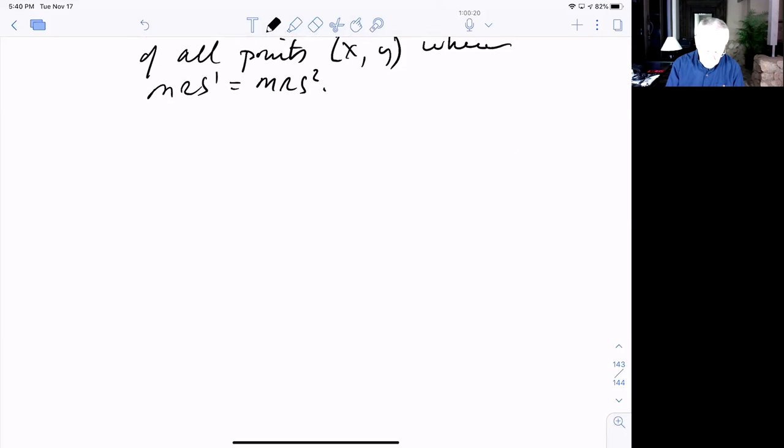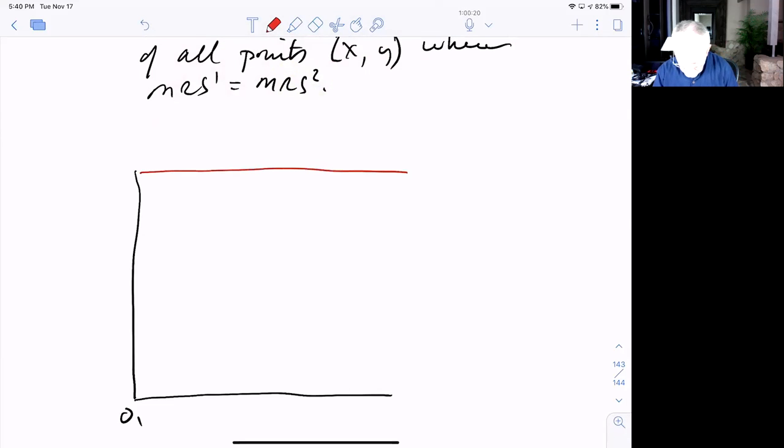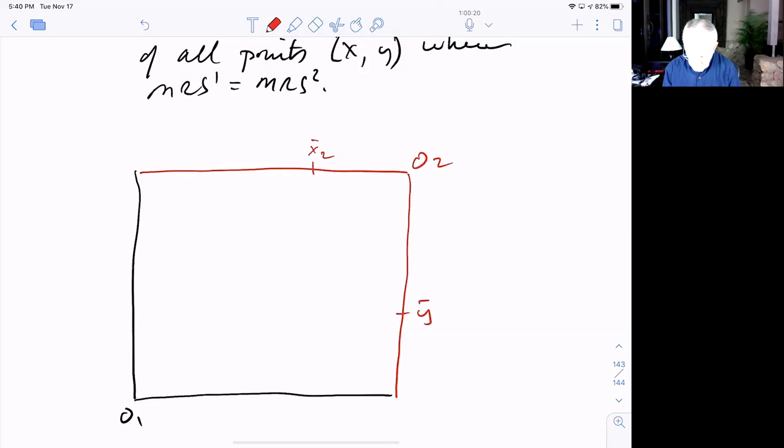So when I draw my box, I think about my individuals' initial allocations. So I said that my individual 1's initial allocation of X was X bar 2, and of Y, Y bar 2.